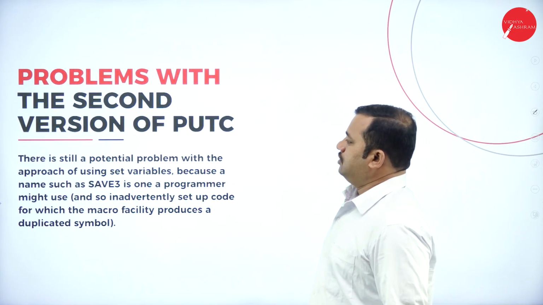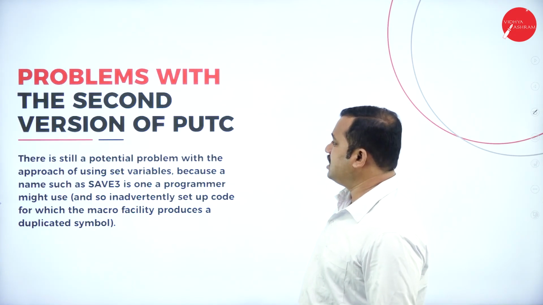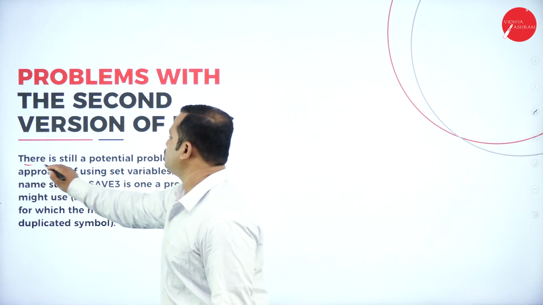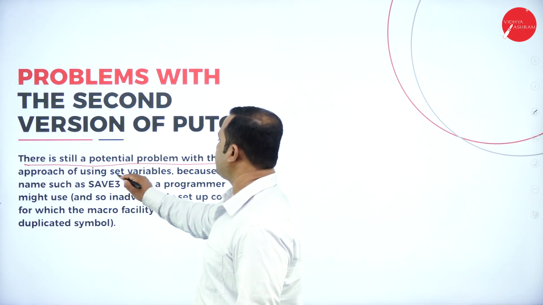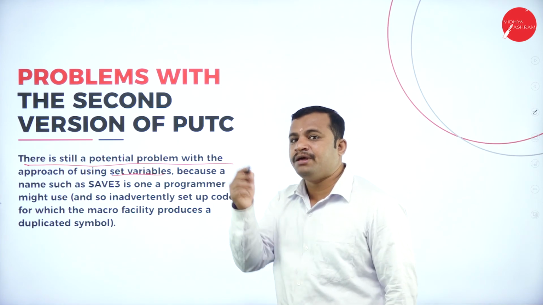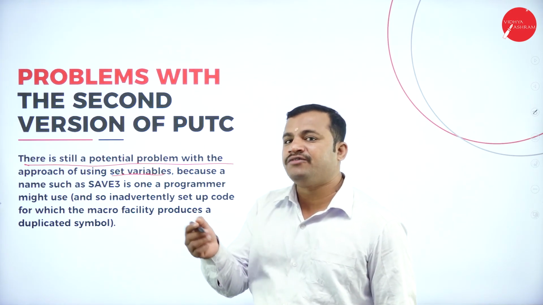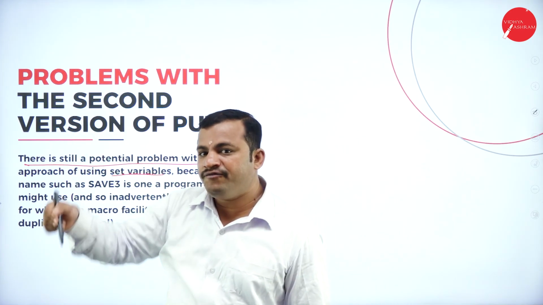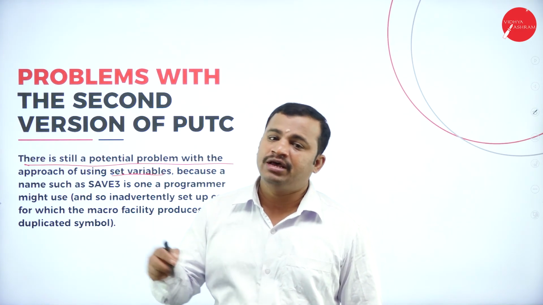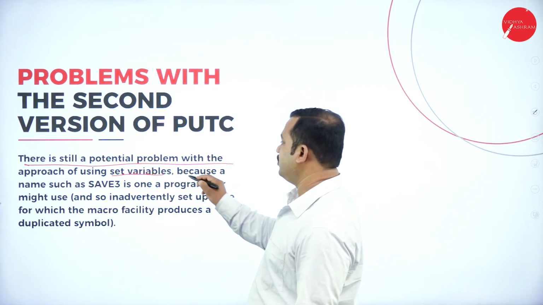Now, there is still a potential problem with the approach of using the set variable, because the global set variable will initialize the set variable to 0 at every place where I am using the variables identified with the ampersand symbol. But there is a problem with this.